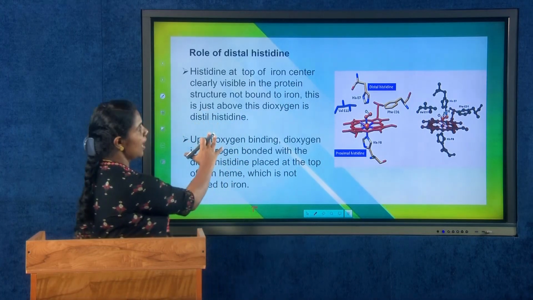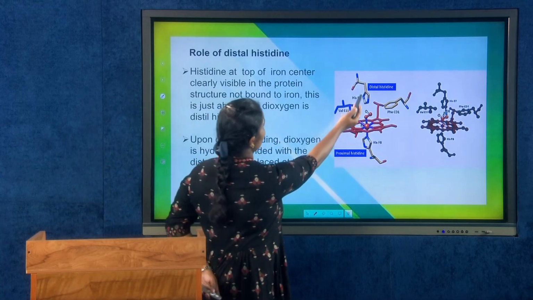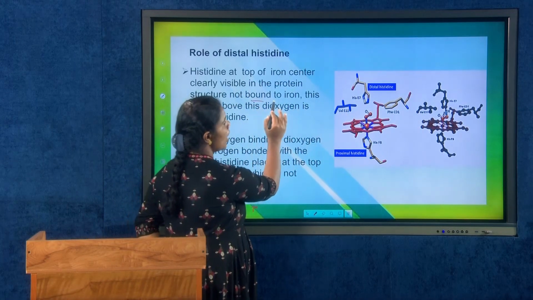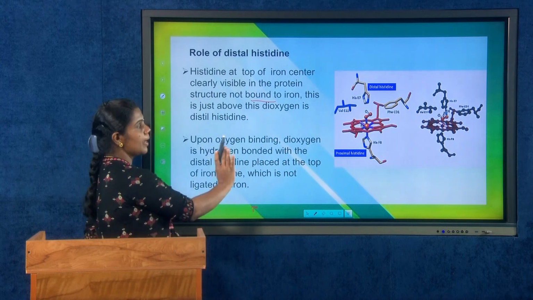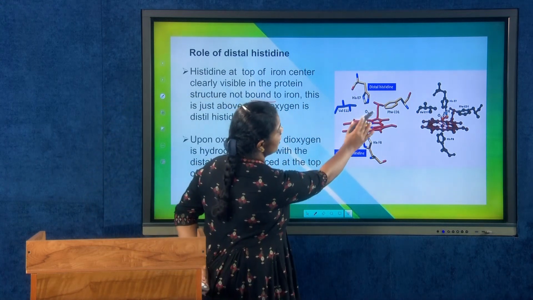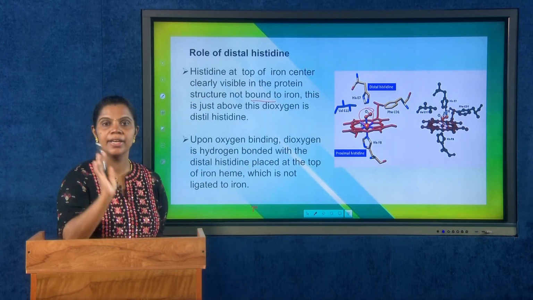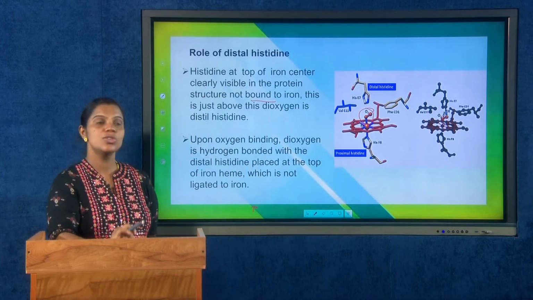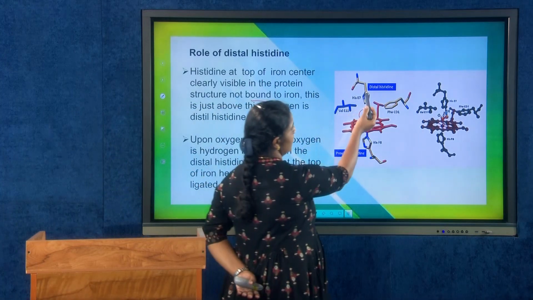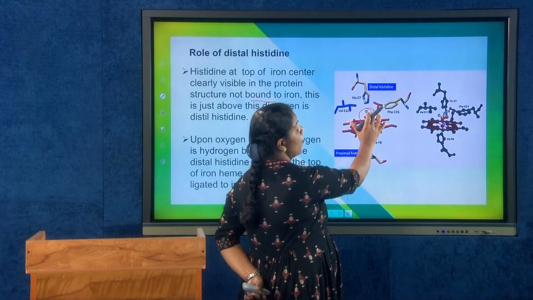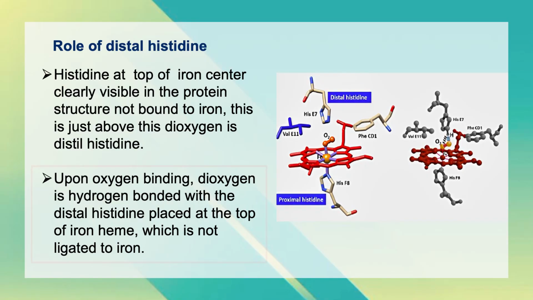So, the histidine at the top of the iron center, clearly visible in the protein structure, which is not bound to iron, is just above the dioxygen after the oxygen gets bound to the Fe2+. So, this is the distal histidine. It is still present above the bound dioxygen.